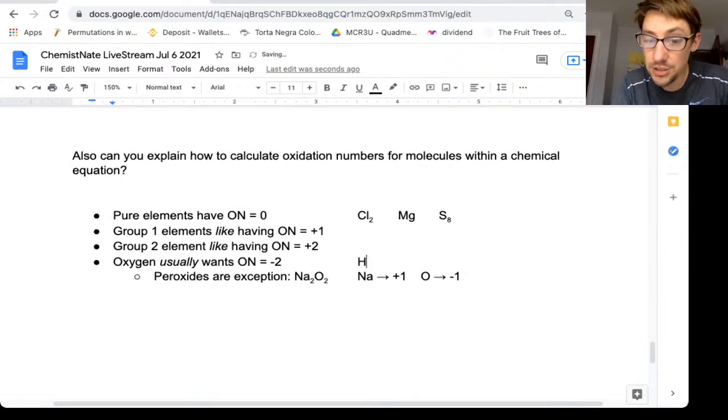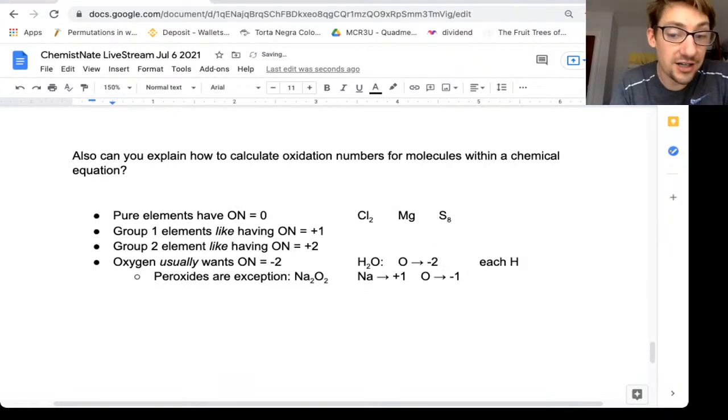For example, in H2O, the O will want its charge to be -2. We say that O's oxidation number is -2. And then each H, of which there are 2, is +1.